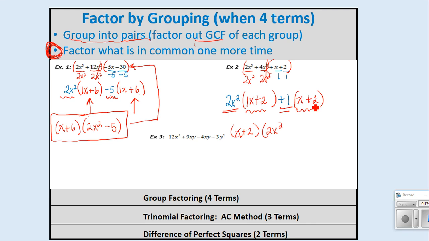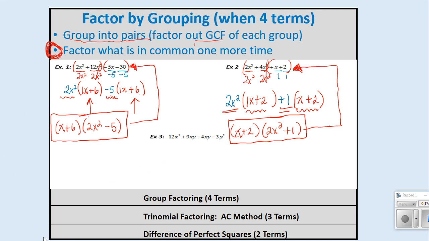If I take the x plus 2 out of this group, what's left over? A plus 1. That would be the factors of this polynomial or this expression. If I multiply these two factors back, I should get back to those 4 terms. That's how that works.